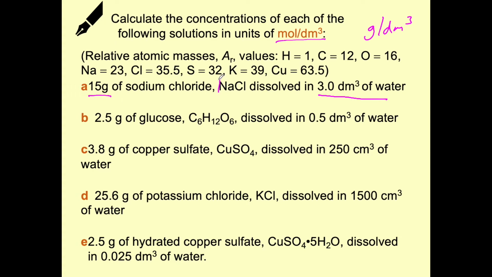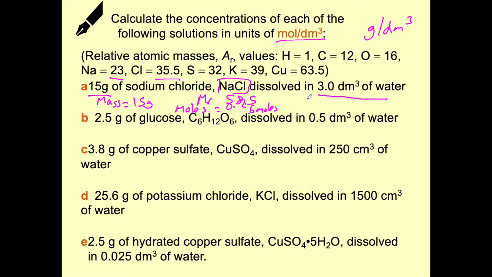So thinking about our MR of sodium chloride, we've got one sodium atom and one chlorine atom. So adding those two values together, we get our MR of 58.5, and our mass is 15 grams. So therefore we can use these to work out our amount in moles by doing 15 divided by 58.5, and that gives us 0.26 moles.